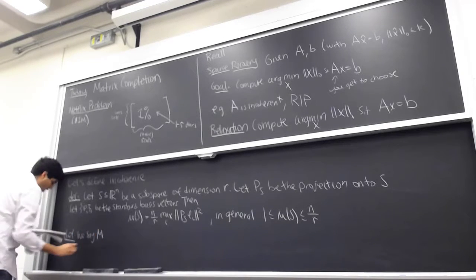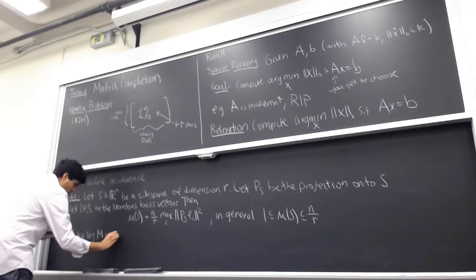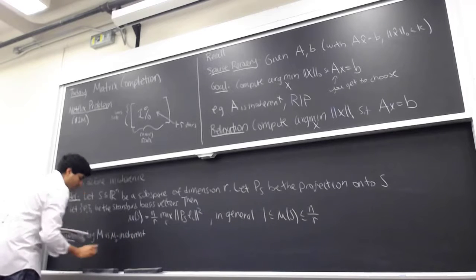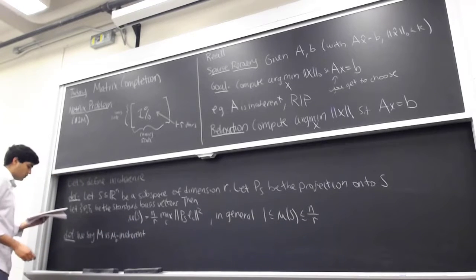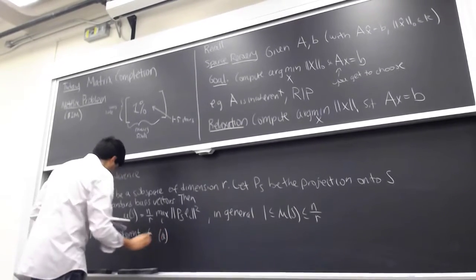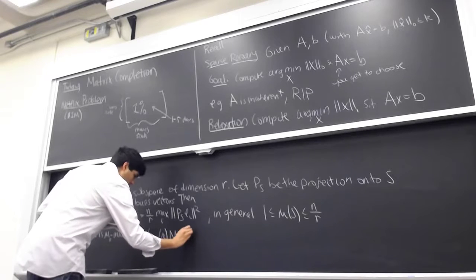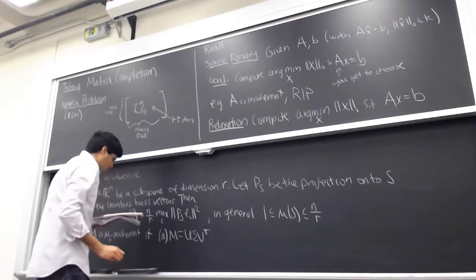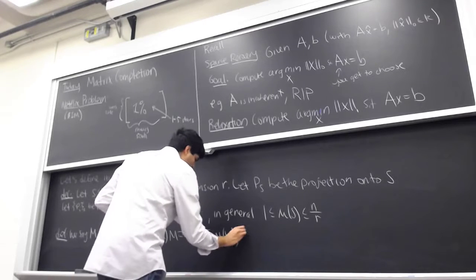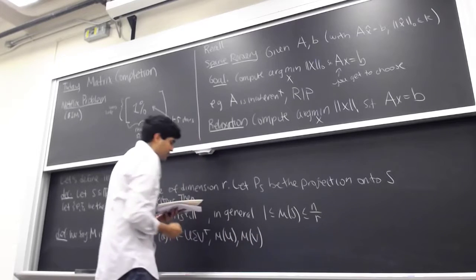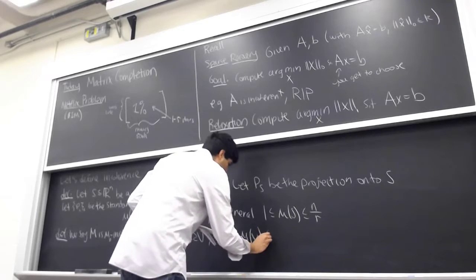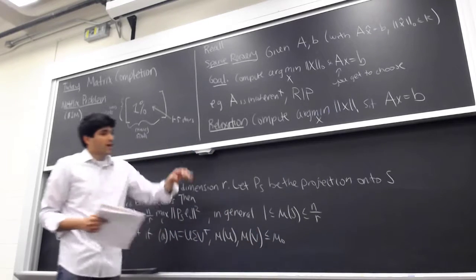We'll say that some matrix M is mu incoherent. I'll call it mu_0 just to distinguish it from this mu function. If the following conditions hold: if we take its singular value decomposition, we want the spaces defined by its left and right singular vectors to themselves be incoherent.